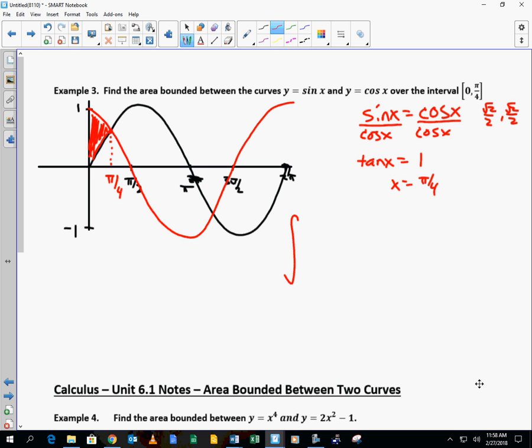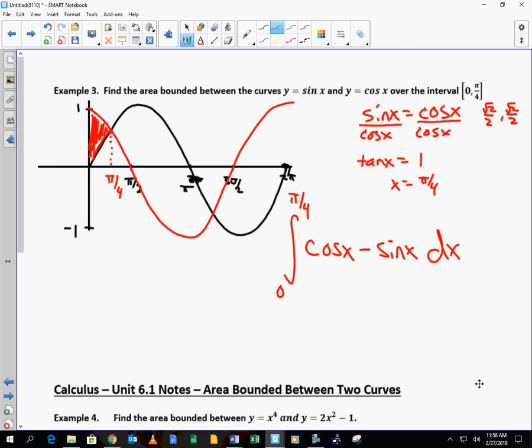So we have our integral. What are our bounds? 0 to pi over 4. Yes, you need to show this work on your test. The integral symbol is a very important thing. It's not optional, okay? What's the function that's on the top? Cosine of x, function on the bottom. Sine of x, dx.